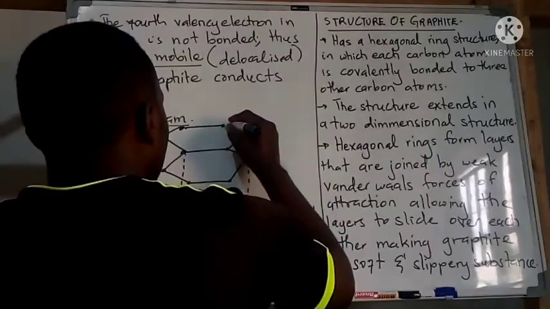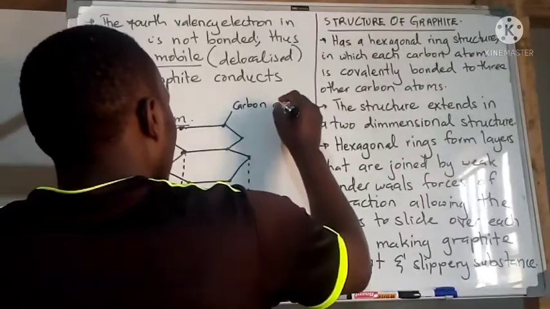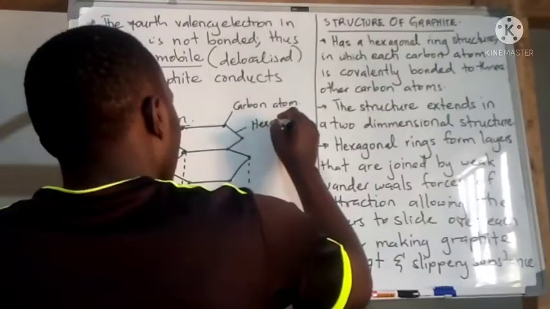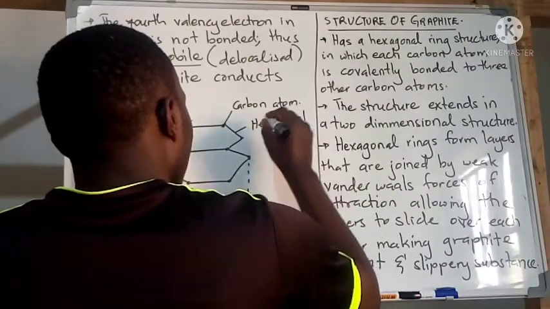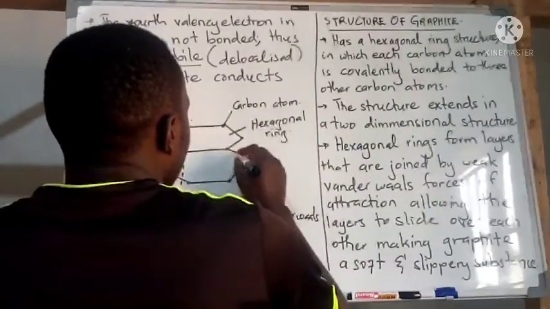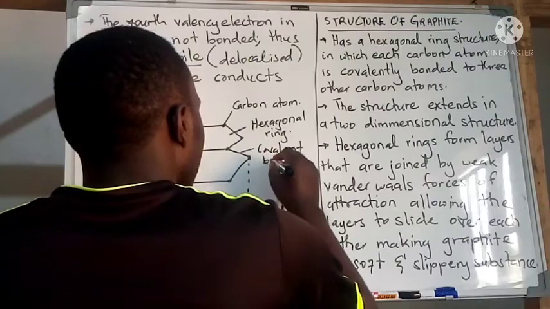What I'm representing as a dot is a carbon atom. This is a hexagonal ring. This is a covalent bond.